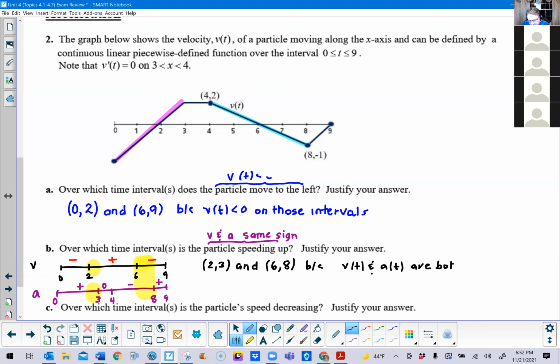I'll let you abbreviate positive as POS. And we'll use the interval 2 to 3. Okay, interval 2 to 3. I like that because it's not giving the student the cop out of just saying V and A have the same signs, because I might want a little bit more specifics, like how do you know?